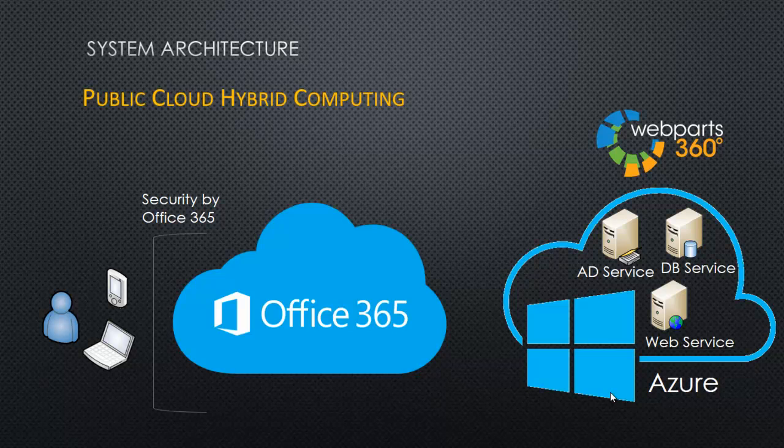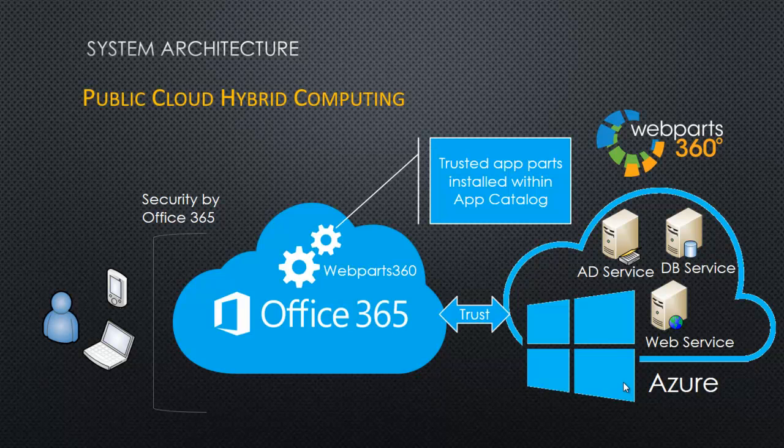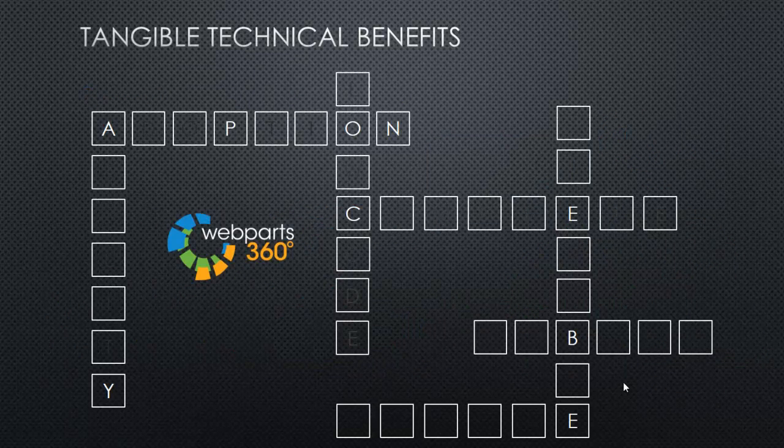By providing a web service, you can build a Webparts360 trusted app part within the catalog so that specialized workload can be handled within your environment. So essentially you deliver all your solutions using this same cloud infrastructure.